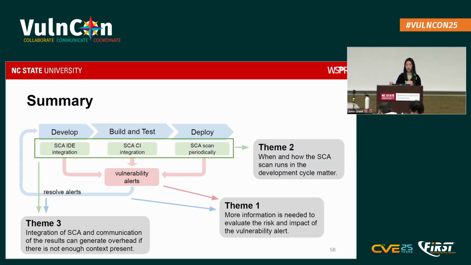Also, understanding the context around the deployment of the SCA tool is really important. Different deployment styles have different trade-offs. Also understanding that communicating the results across different parties can also generate some overhead because different parties have different contexts.